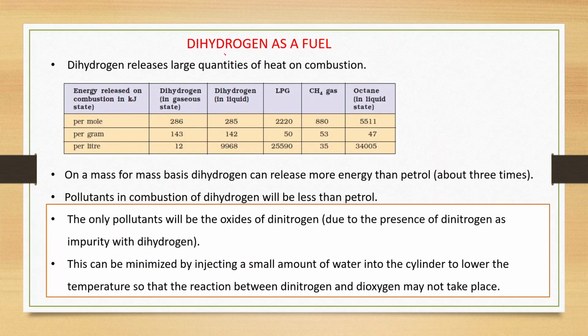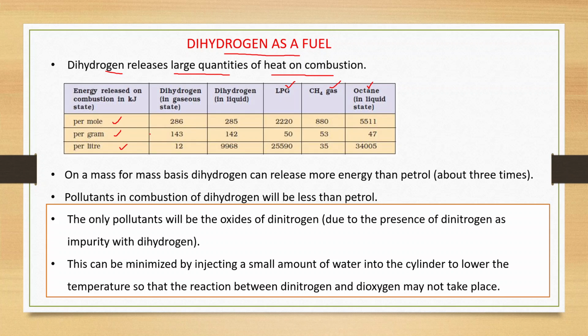Now, dihydrogen as a fuel. Dihydrogen releases large quantities of heat on combustion. If you compare the heat released by dihydrogen, LPG, CH4, and petrol, the main component of petrol is octane. We can compare per mole, per gram or per liter.